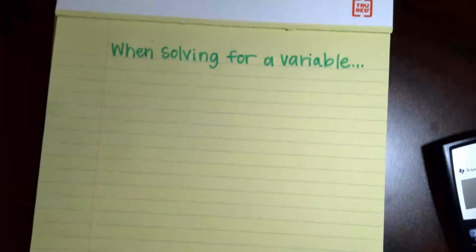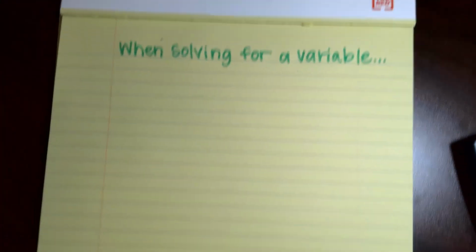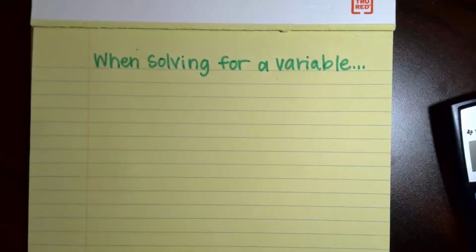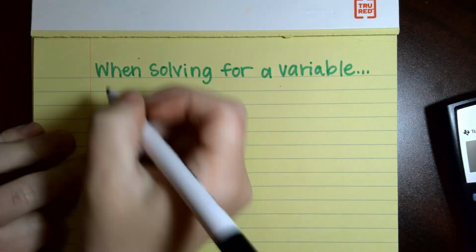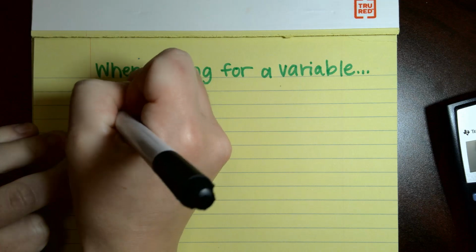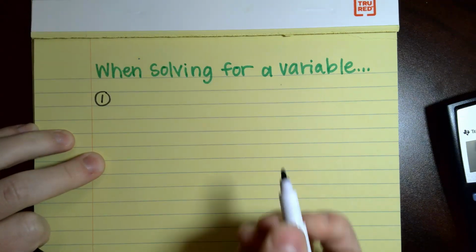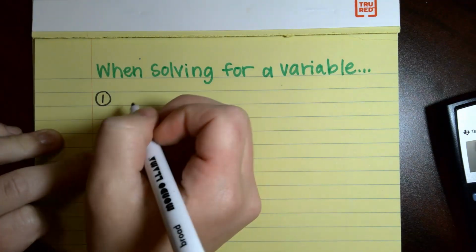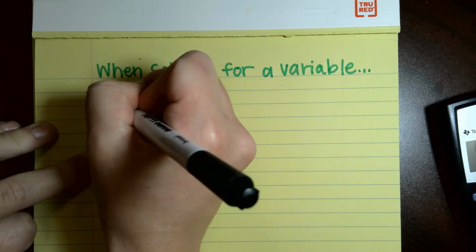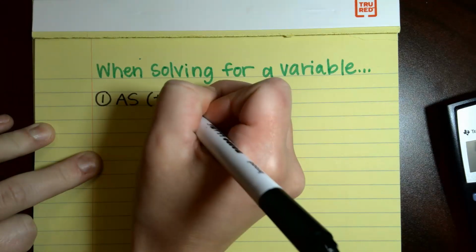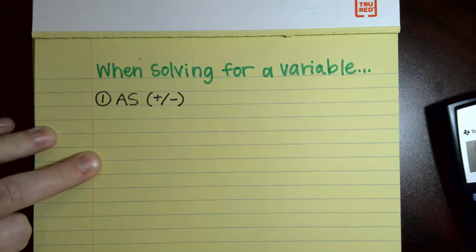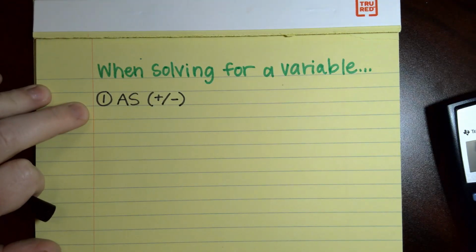Let me zoom in a little. Our first step is usually to look and see what operations we have going on. If there's any addition or subtraction, we use inverse operations to get rid of that first.